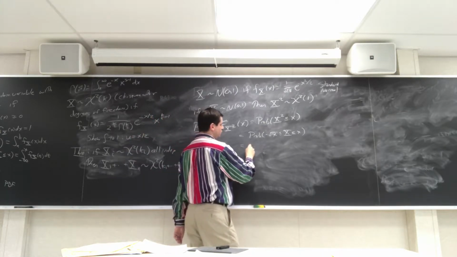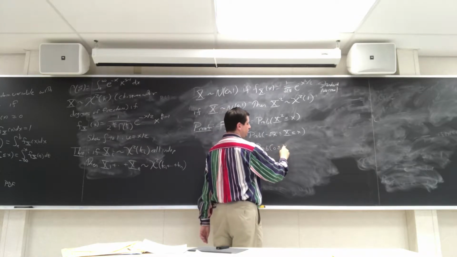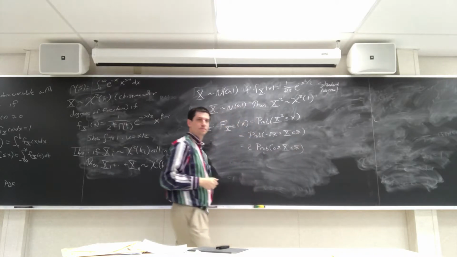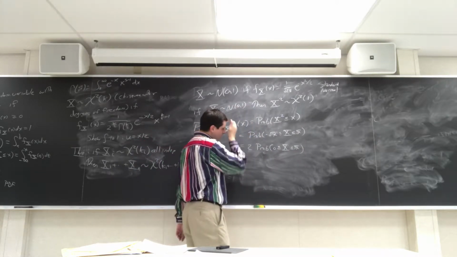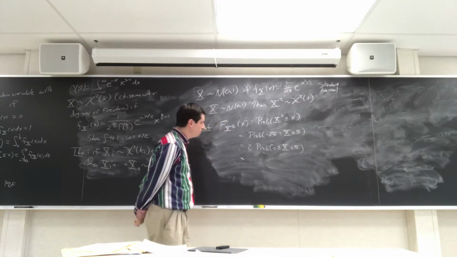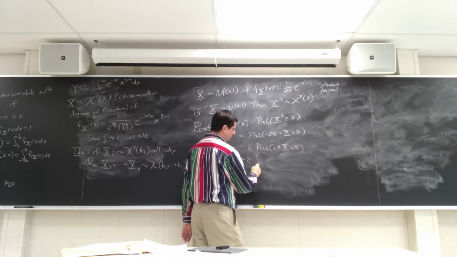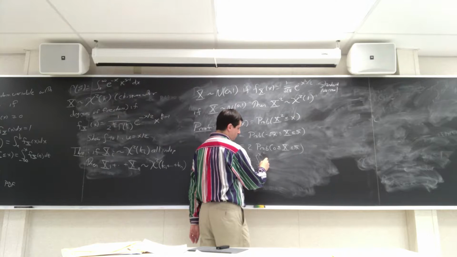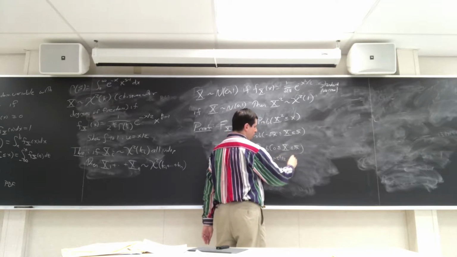This is the same as twice the probability 0 less than or equal to big X less than or equal to square root of x. Okay, so this is going to be twice the integral from 0 to square root of x of 1 over square root of 2 pi, e to the negative t squared over 2 dt.